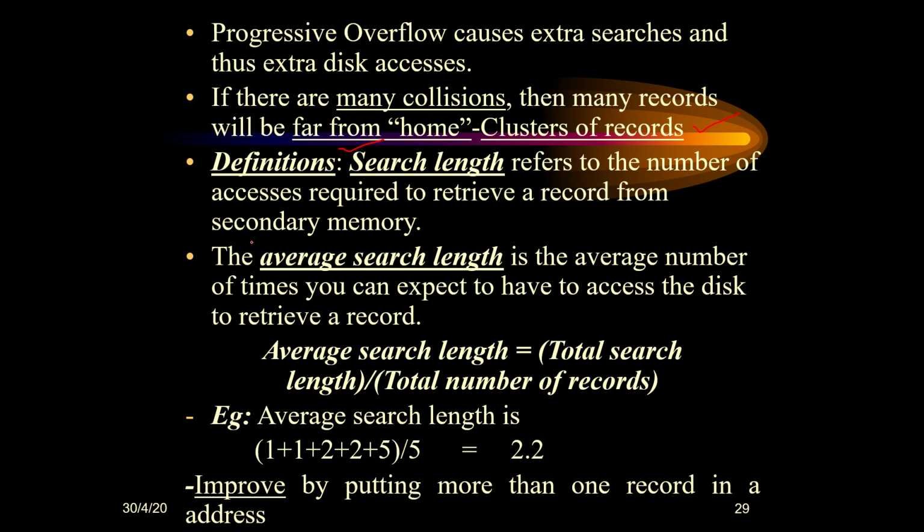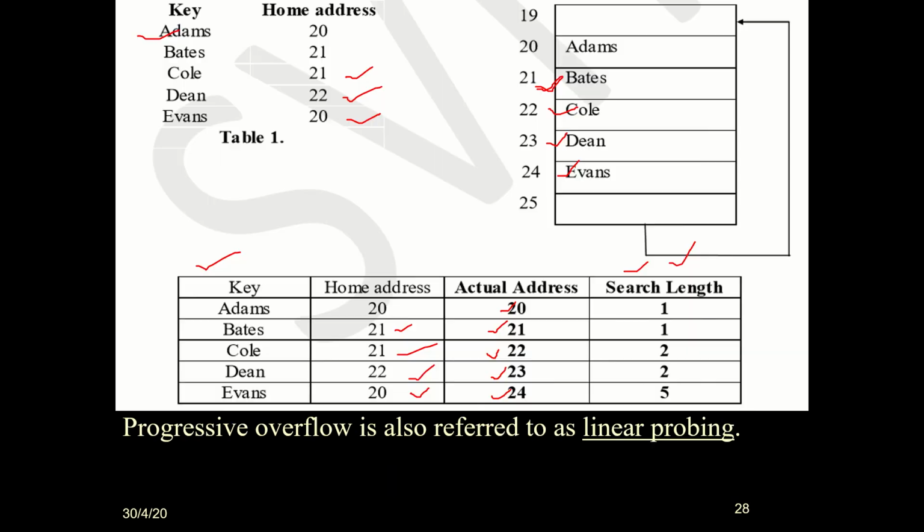We usually use the term average search length, which is the average number of times required to access the disk to retrieve the record. The formula is: average search length equals total search length divided by total number of records. We can do the calculation with the previous values: 1, 1, 2, 2, 5. Why?